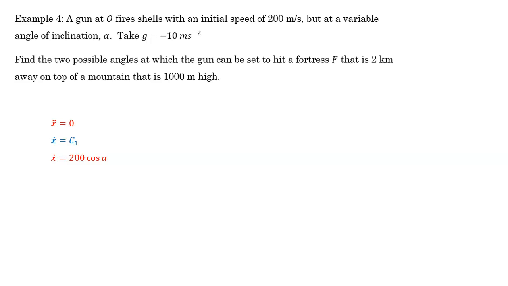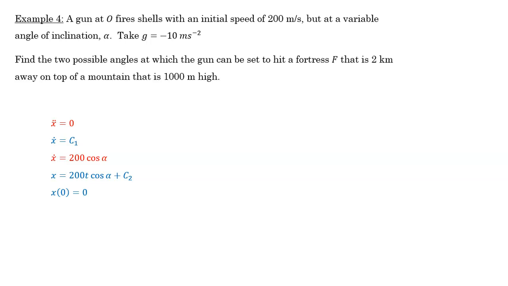I could do that substitution plus a constant, but that is my constant. My horizontal displacement is the integral of that, so it's 200t cos alpha plus some constant, but of course my initial position is 0.